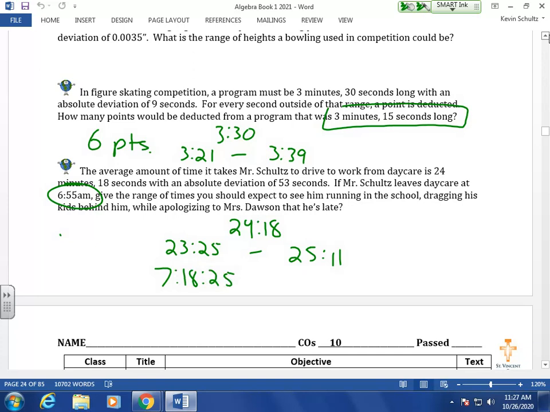Or if it's a slower day, it takes me 25 minutes, 11 seconds, then I would get here at 7:20 and 11 seconds. So this range here in context is the answer that you should have. The top range is the length of times it takes me to get here. The bottom range is the actual time I arrive if I leave at 6:55 a.m.